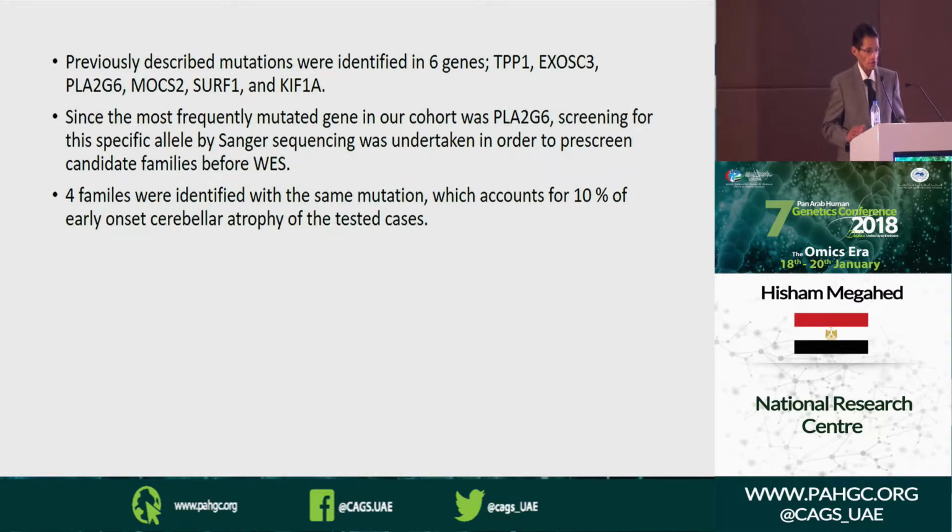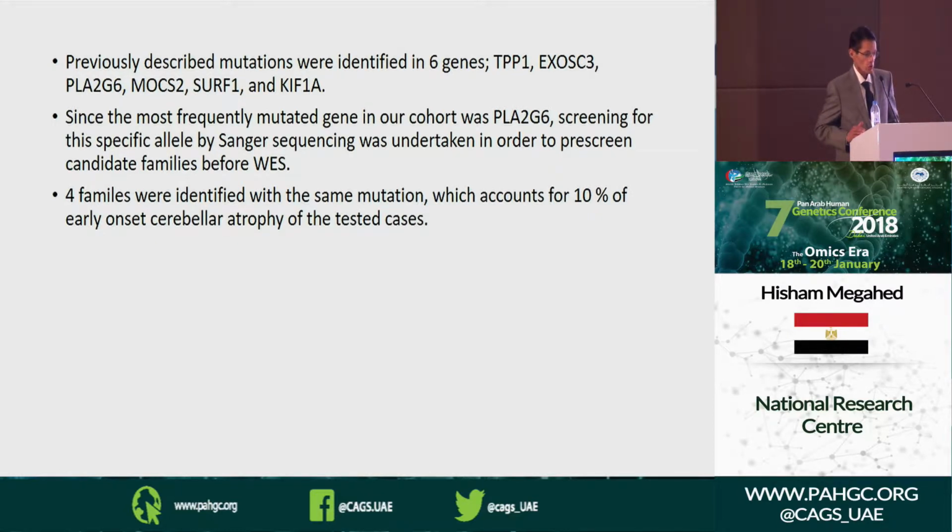Actually, in the first year, about 50% of the cases that were analyzed in the first 9 months had this mutation. And by the end of the second year, another case appeared.